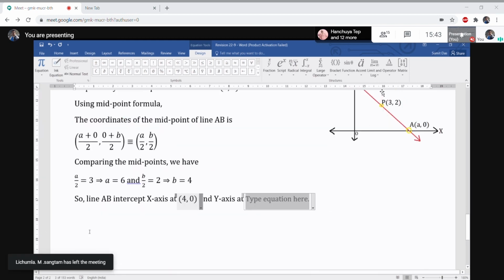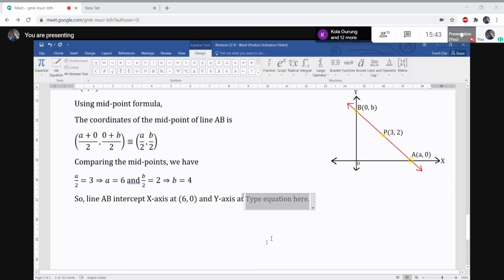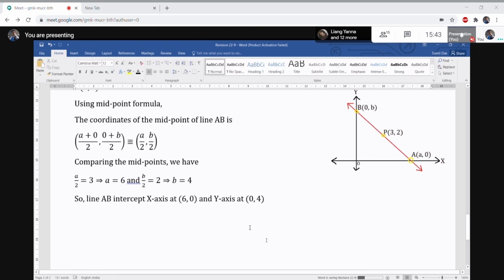We got a as 6, right? So it will be (6, 0) on the x-axis and (0, 4) on the y-axis. That is, AB intersects the x-axis at (a, 0), where we got a as 6, and the y-axis at (0, b), where we got b as 4.